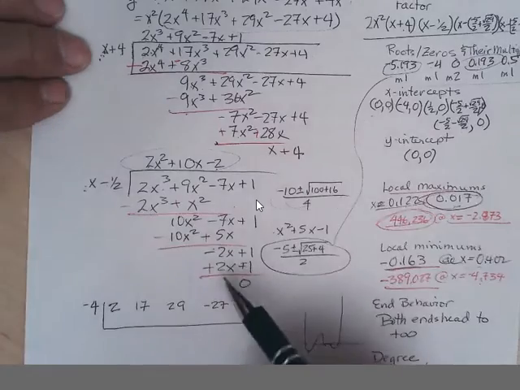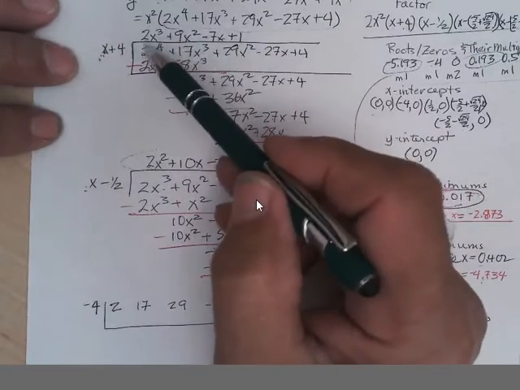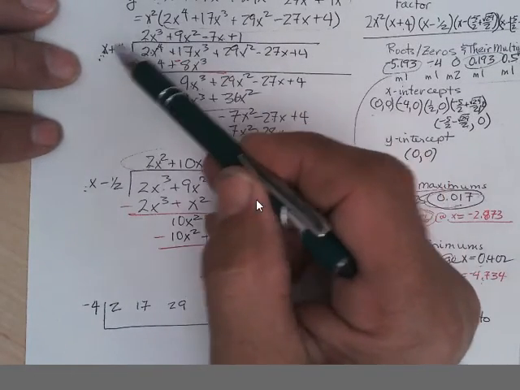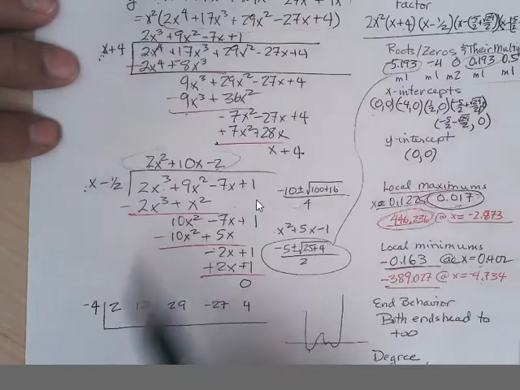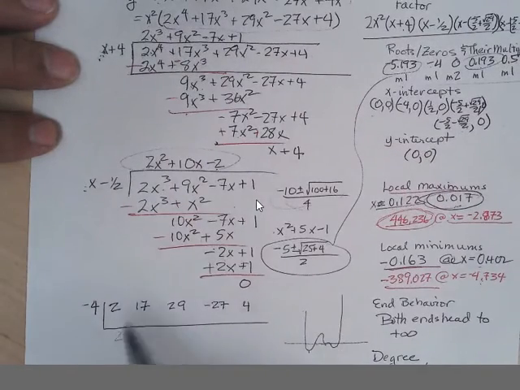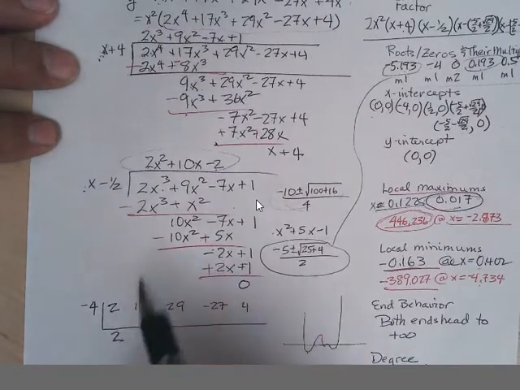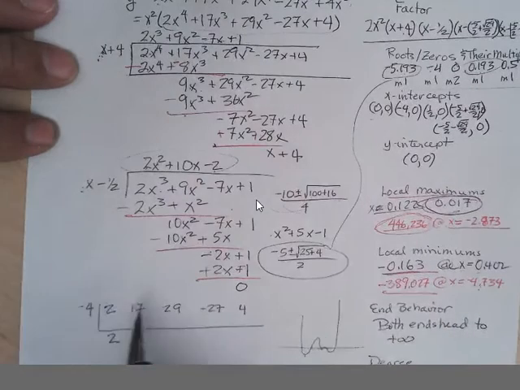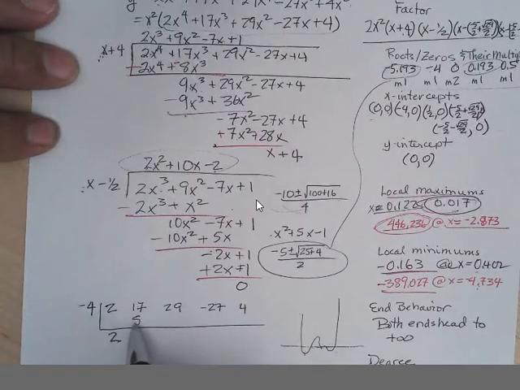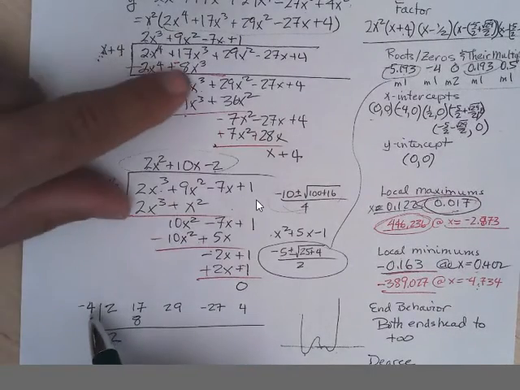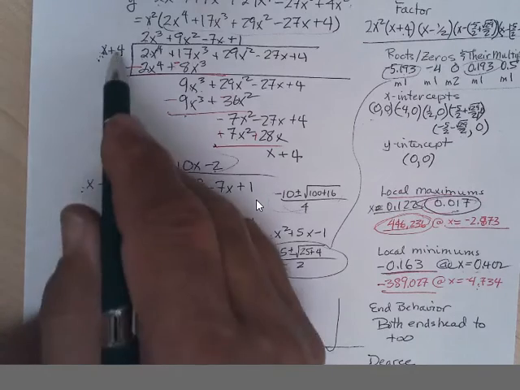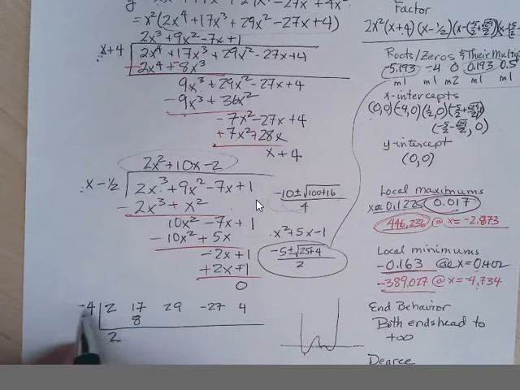And just like we did here, this was 2, and it ended up being 2 since x going in here. So we just bring down the 2. But the key part of this was taking the 2 times the 4 to get this number, which was 8. And then we had to change the sign, but this is already sign changed from the +4, so -4 times 2 is -8.